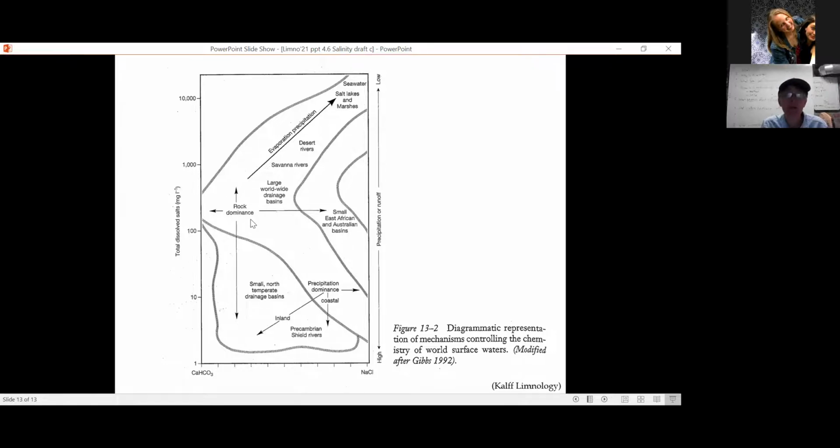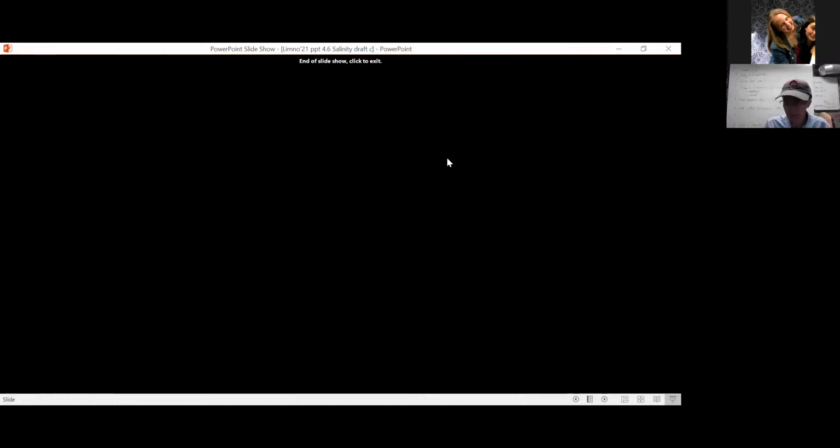Here we've got rock dominated lakes in a large area. And up here we have seawater and truly salty things in the upper right. Okay. So that is what I have to say in my little PowerPoint about salinity.